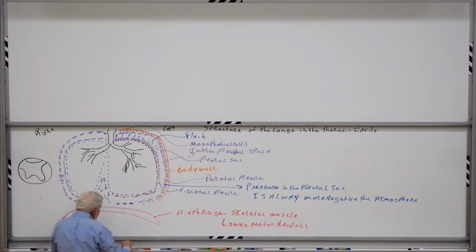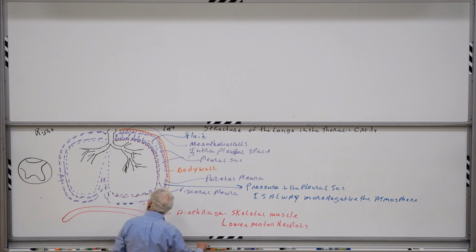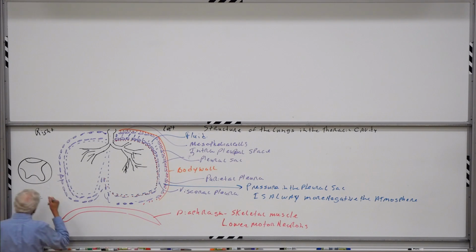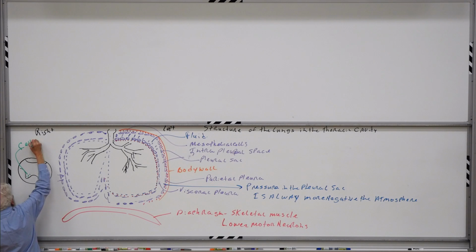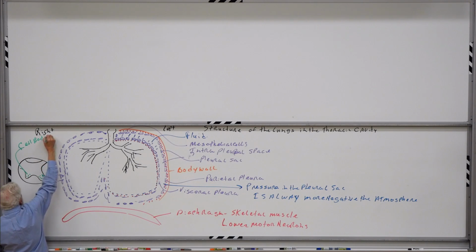We'll see then that there are, and I'll put these in green, neuronal cell bodies here located in the ventral horn. It's true on both sides. So these are cell bodies of lower motor neurons.